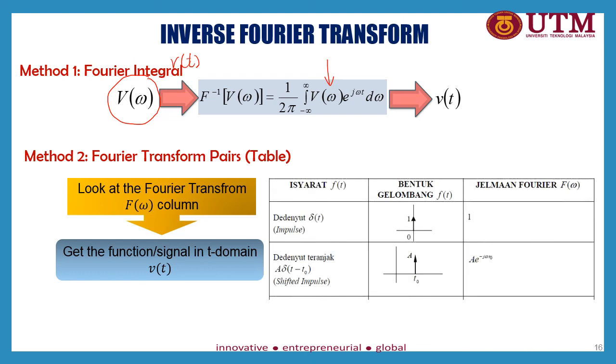For the Fourier transform, you look at the signal in time domain first, but to convert the omega domain into t domain, you need to look at the third column first, look at the closest equation, and then reverse back to the left-hand side. So you'll get the inverse Fourier transform, the signal in time domain.